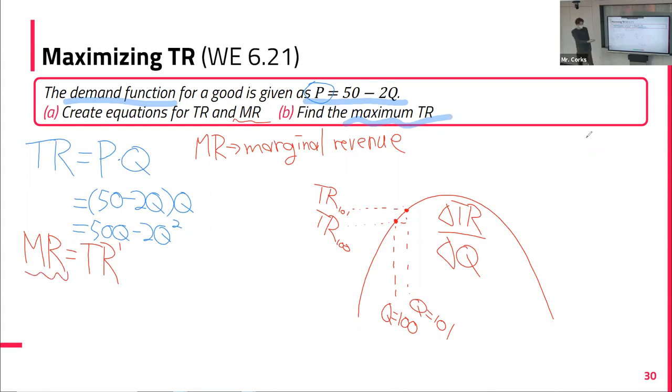So we use this tool all the time to talk about marginal whatever. Economists are always talking about marginal benefit, marginal whatever, at the very limit of whatever thing. That's all calculated with derivatives. So marginal revenue is equal to the derivative of total revenue. And our total revenue in this case is 50Q minus 2Q squared. So that is 50 minus 4Q.